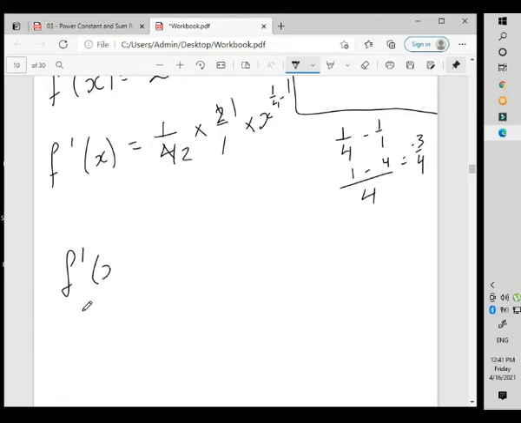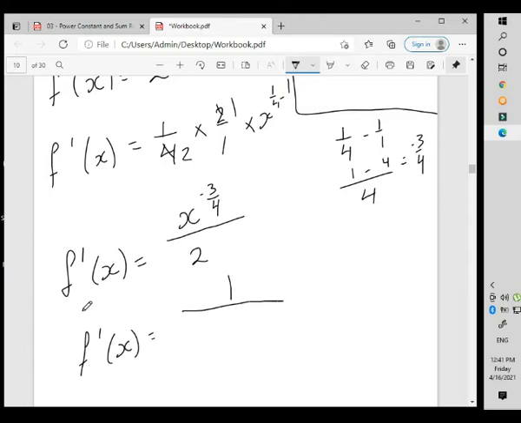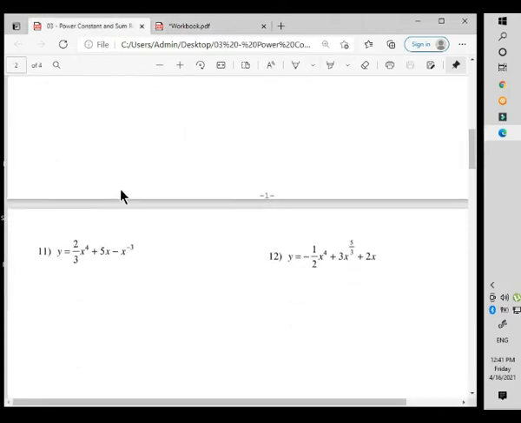So f prime of x is equal to, I have 1, so let me just write it here as x to the minus 3/4, all divided by 2. And to finish it off, what I'll have is 1/2x to the 3/4.